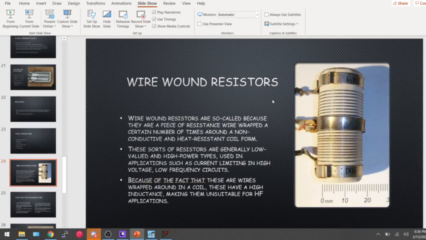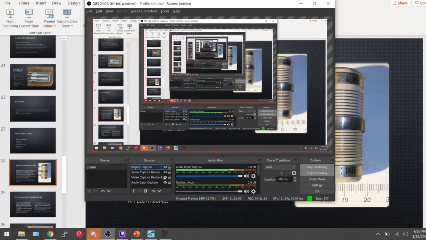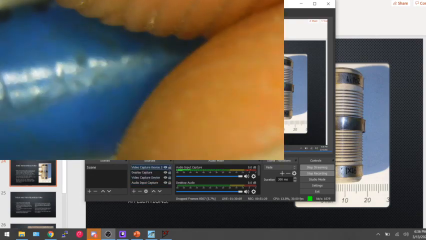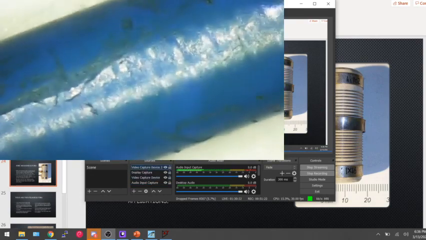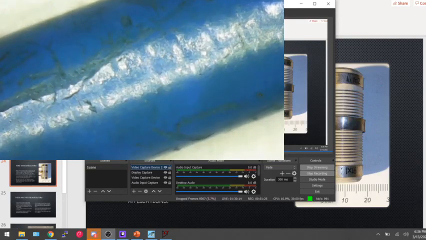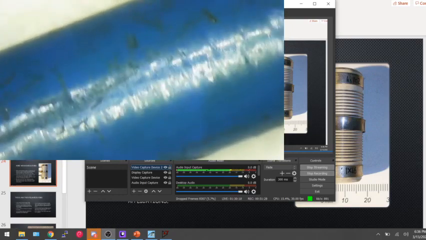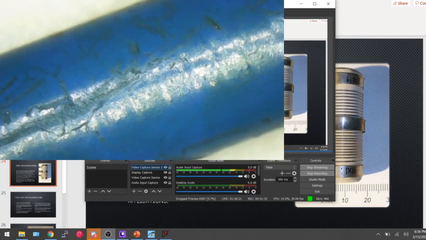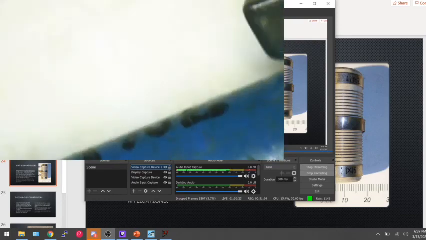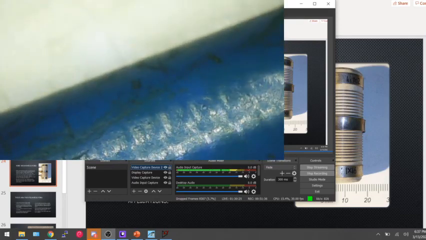Now, this is a wire-wound resistor, and I have one right here I'm going to show on the scope. There it is. Let me pull that up. Now, if you guys can see that very subtle difference in lighting across the back of this, that's the outline of wires.